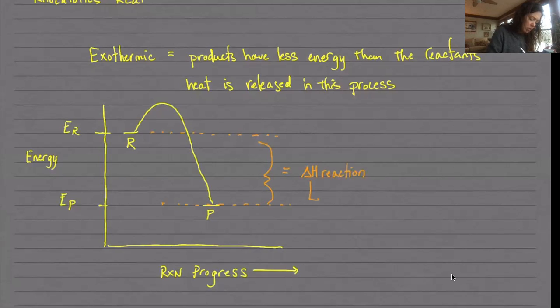Delta H is enthalpy, we actually call it enthalpy of reaction. And this is the change in energy for the reaction.